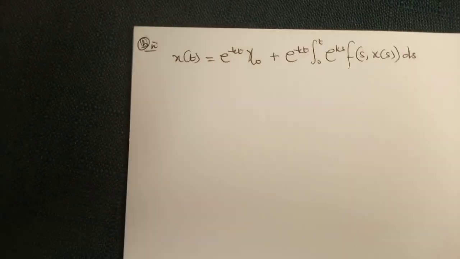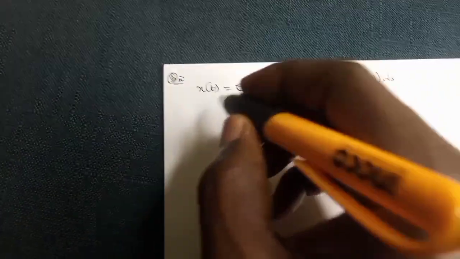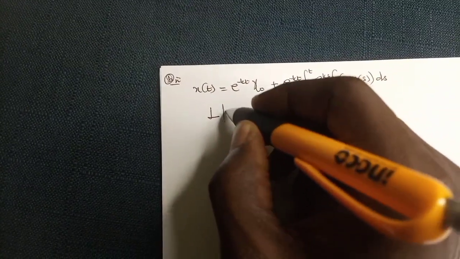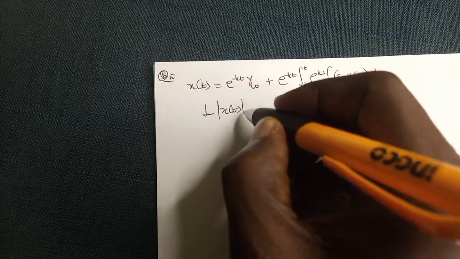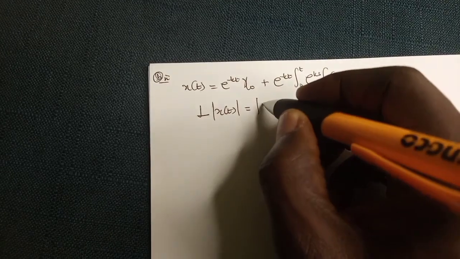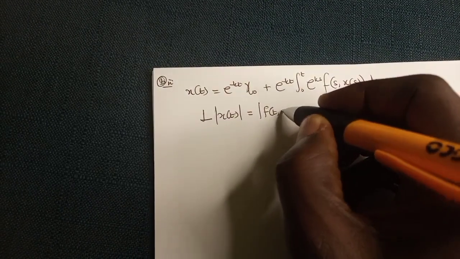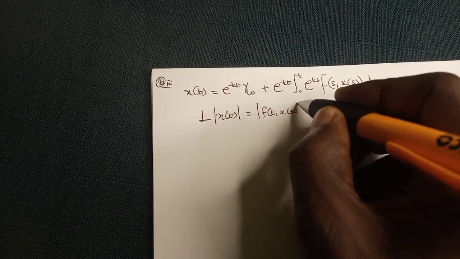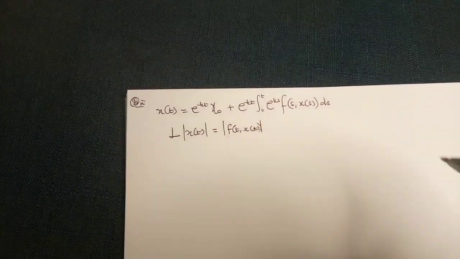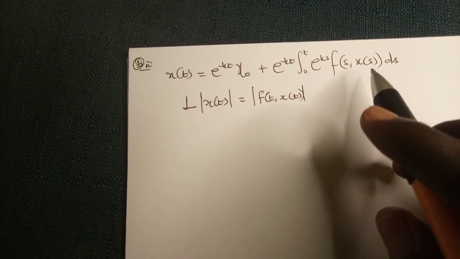Do the substitution. We know from the Lipschitz that L |x(t)| is equal to the absolute value of f(t, x(t)), which is the same thing as this here. So we do the substitution.